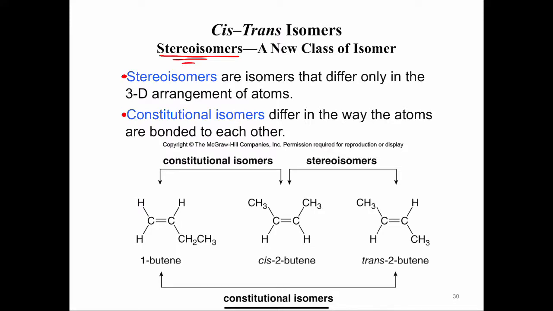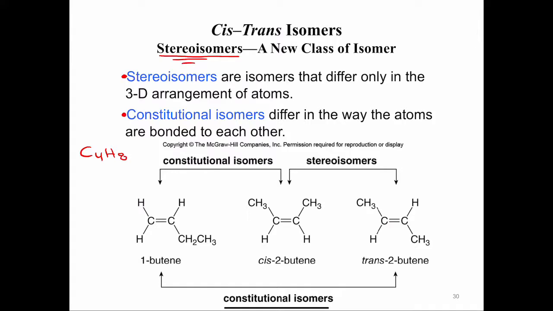If you look down at the bottom of the screen, you can see that all of these molecules, 1-butene, cis-2-butene, and trans-2-butene, are all constitutional isomers. Why? Because they all have the same molecular formula, C4H8.